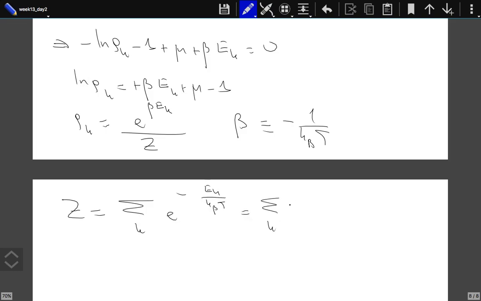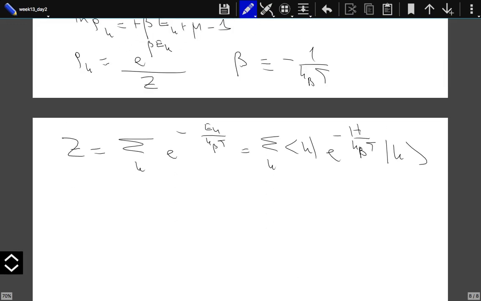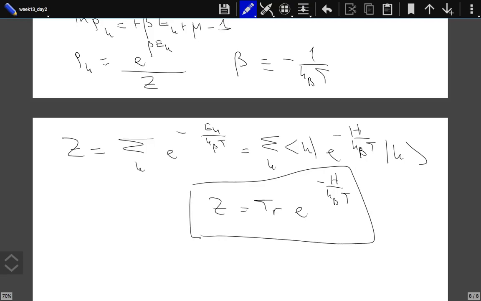But this is nothing but sum over k of e to the power of minus H over k B times T, where H is the definition of the Hamiltonian operator. But this is also the definition of the trace. This is my z.